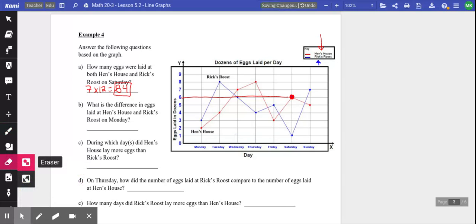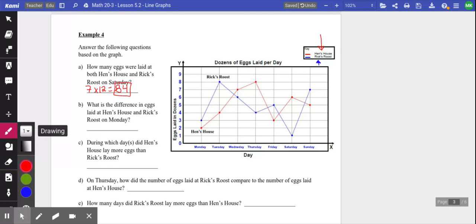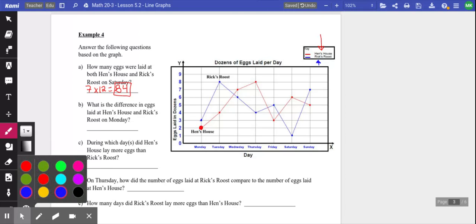Part B, what is the difference in eggs laid at Hen's house and Rick's house on Monday? If we look at Monday, Hen's house is here at 2 dozen. Rick's house is at 3 dozen. That means Rick laid 1 dozen more. So there's a difference of 1 times 12, which is 12 more eggs.